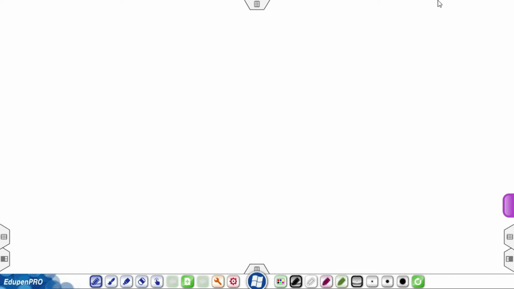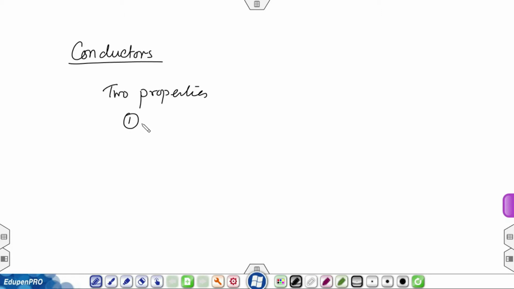So, we had been discussing conductors and two properties of conductors that we discussed were: number one, a conductor is an equipotential.